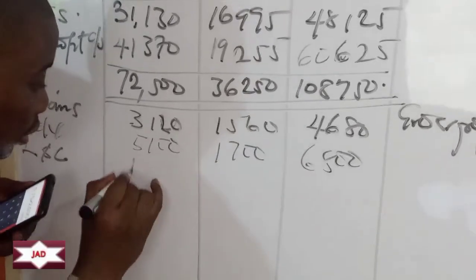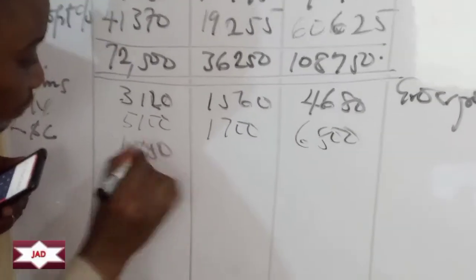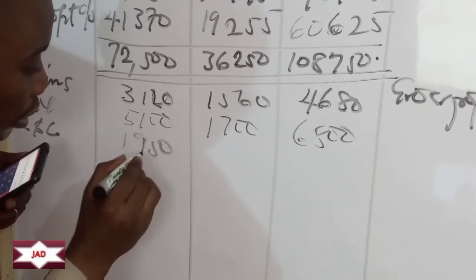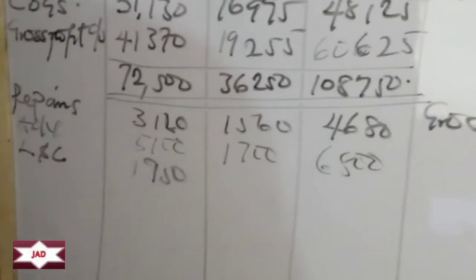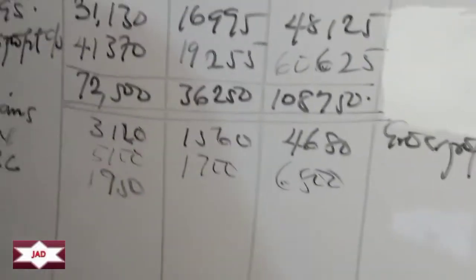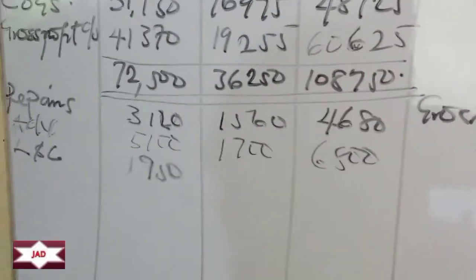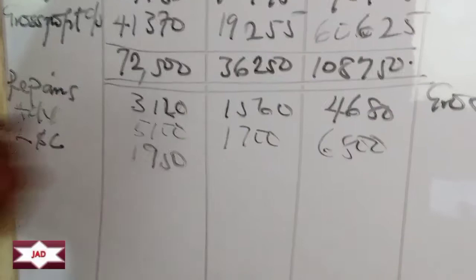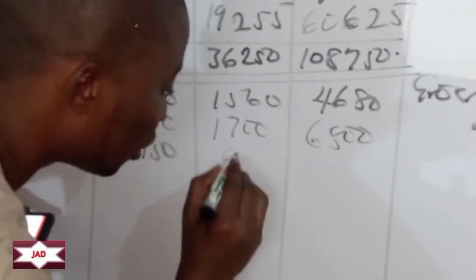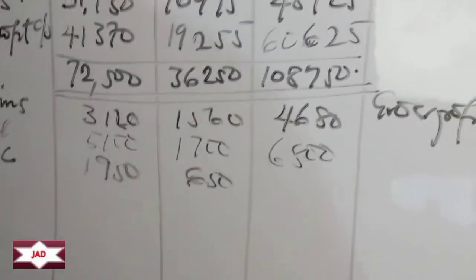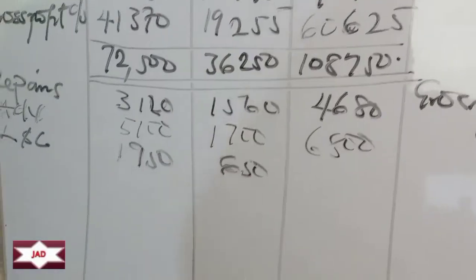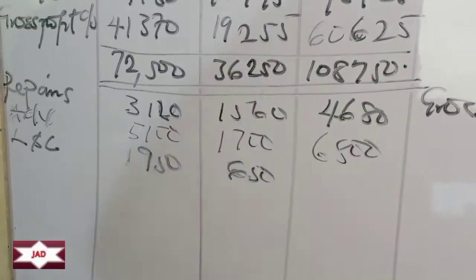So footwear is 1,950. Okay. Clothing is 650. So the total will be 2,600.